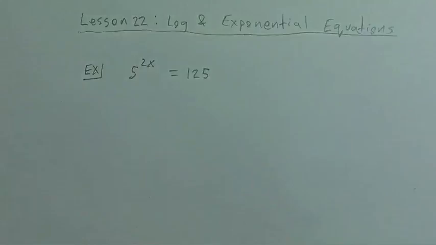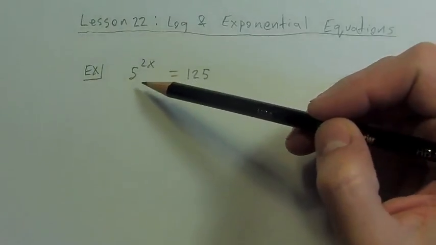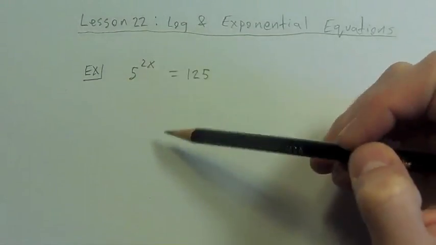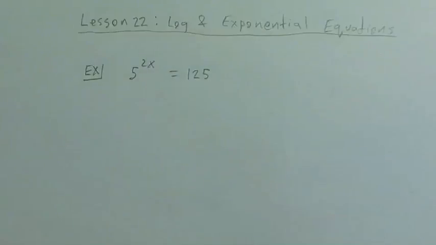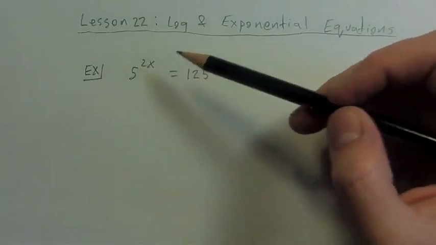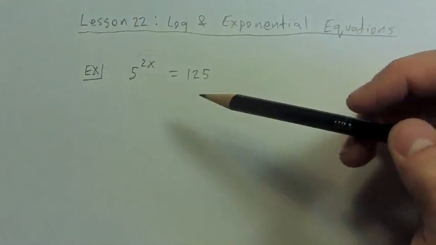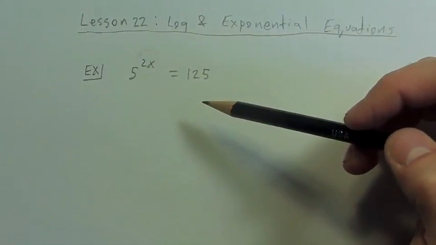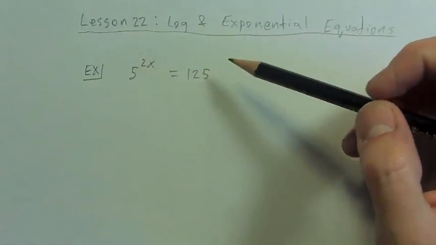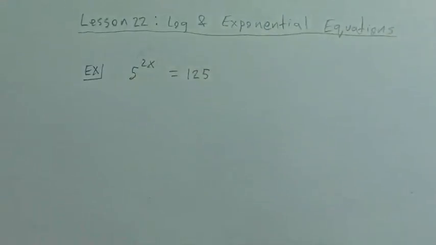All right, we're going to first turn our attention to exponential equations. So that's when we have equations of this type. Say we have 5 to the 2x is equal to, say, 125. In examples like this, where we have x's in our powers, in our exponents, there are two ways we can go about it.